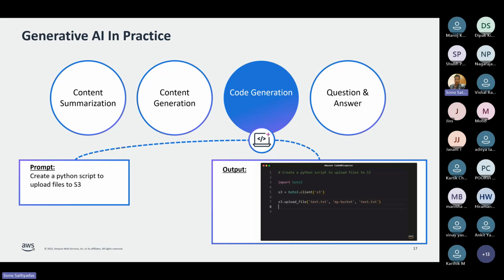Not only the application code, but also the infrastructure code like a Terraform templates or CloudFormation templates, the Azure ARM templates, the SQL scripts, or also the Kubernetes and Docker deployment manifest files, all can be generated using this generative AI's code generation tools.